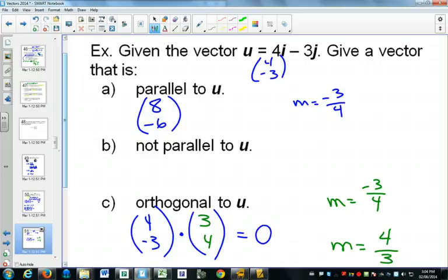So anything that, if you put it as a fraction, reduced to 4 over 3, then you would be fine. And for not parallel, you just have to make sure that that fraction doesn't reduce. Change only one of them. Perfect. For sure that won't be parallel.